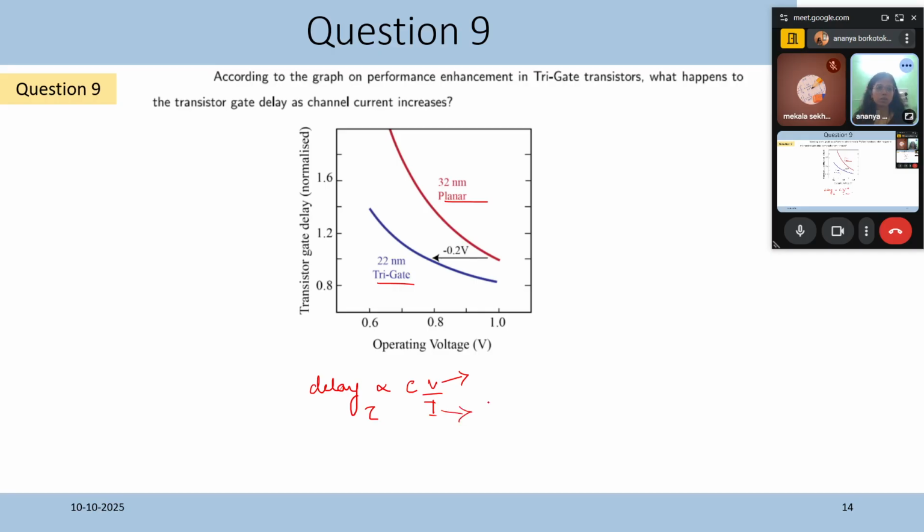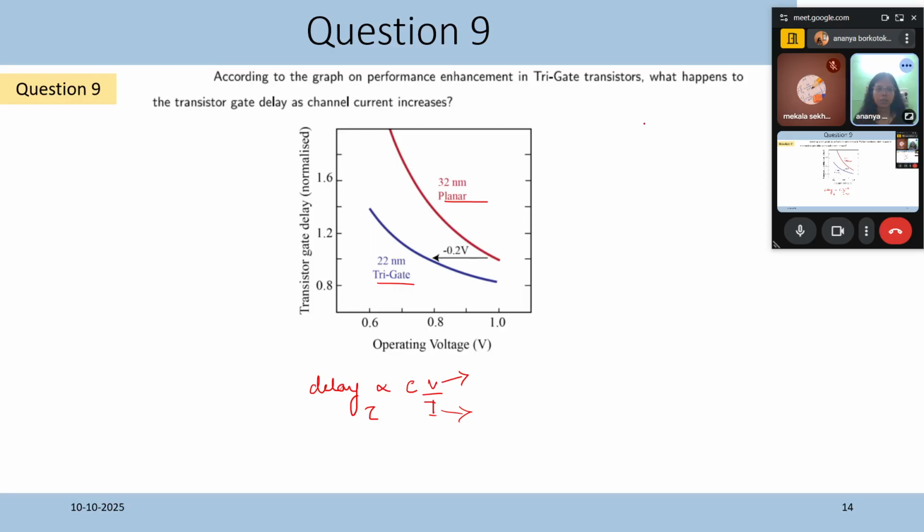With different technology, the delay changes. If you do the calculations using the scaling factors, you will see that with the scaling from one technology to another, delay is actually decreasing, and that's how we are making faster and faster devices.